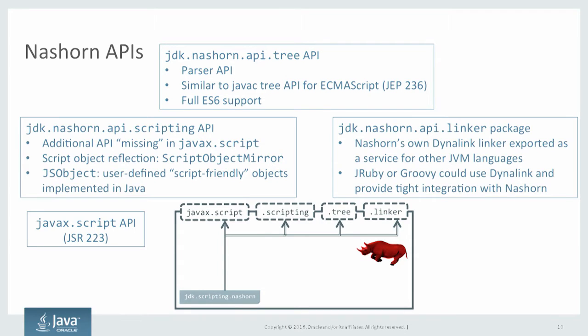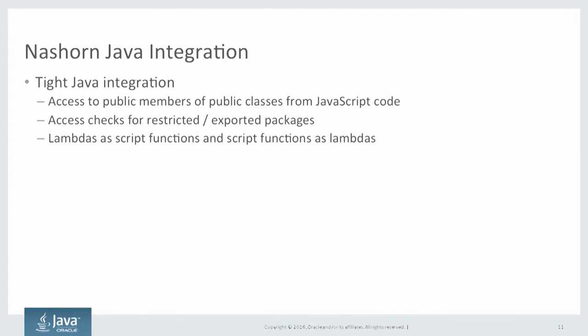The linker API exports the Nashorn internal Dynalink linker. If you want to exploit that, it's possible to have tighter cross-language interoperability if, say, JRuby or Groovy wanted to interact with the Nashorn JavaScript implementation. They could use the Dynalink linker to handle Nashorn property access and method calls and such. Right, these are the interfaces exported from Nashorn.